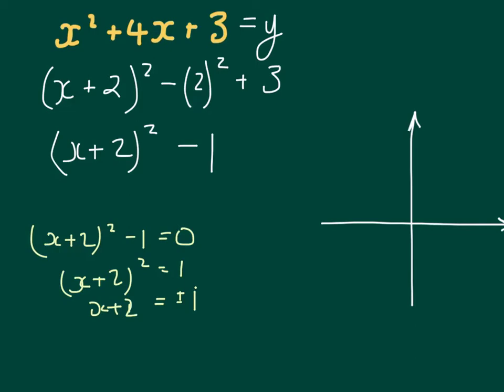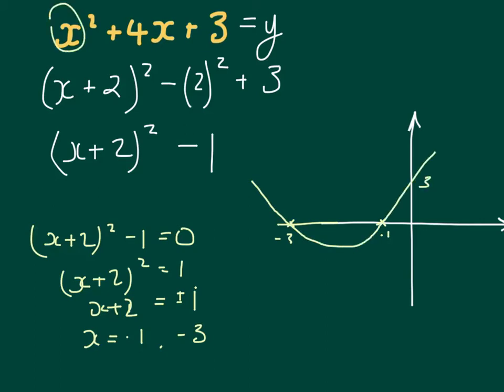And therefore x is either plus 1 take away 2, which is minus 1, or minus 1 take away 2, which is minus 3. So our graph is crossing at minus 1 and minus 3. We know it's going through plus 3 on the y-axis, because if you substitute in x is 0, you're just going to get 3 being y.